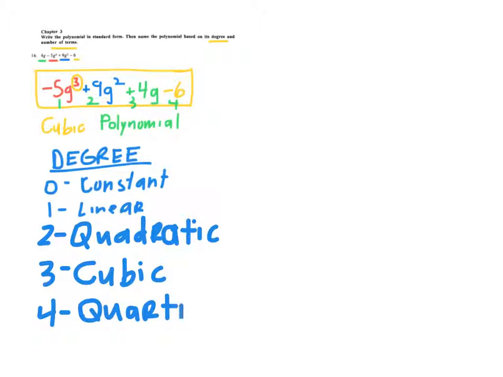And I think we only went up to 5 before. 5 is quintic. I'm going to double check that one to make sure I actually just told you the right thing. All right, I googled, it is quintic.